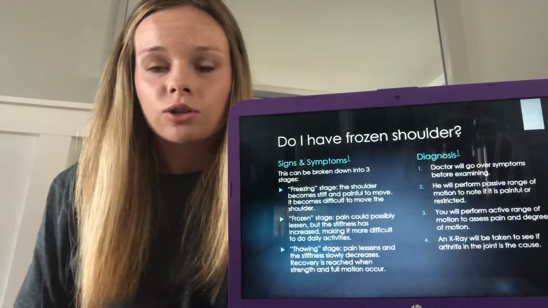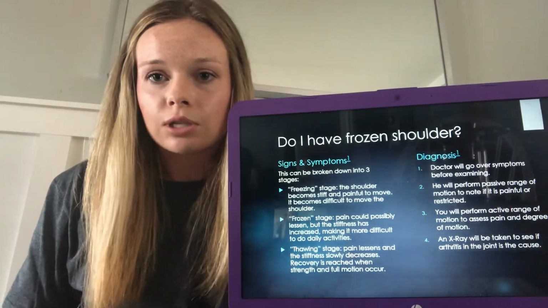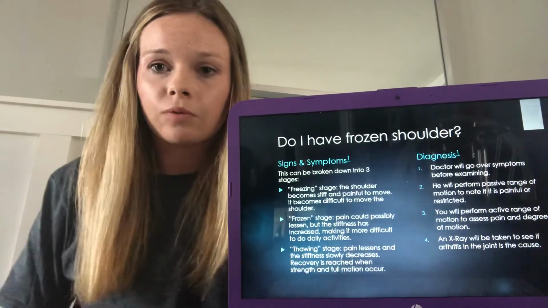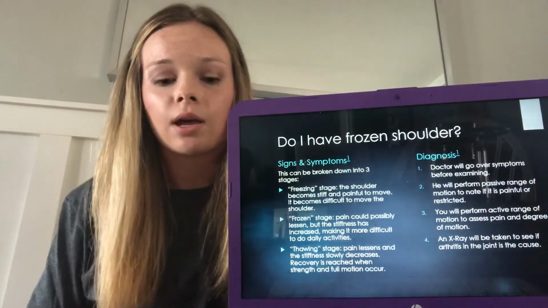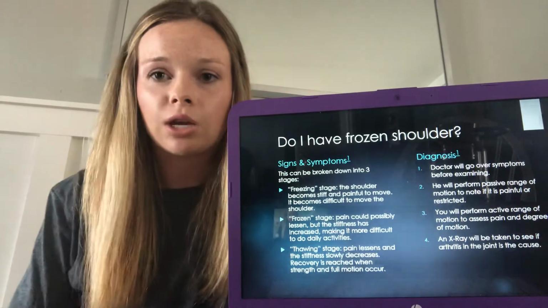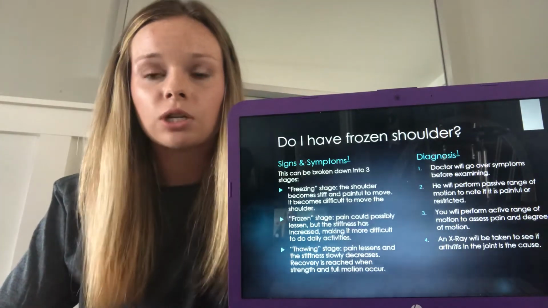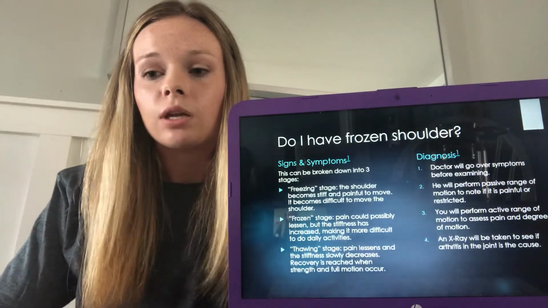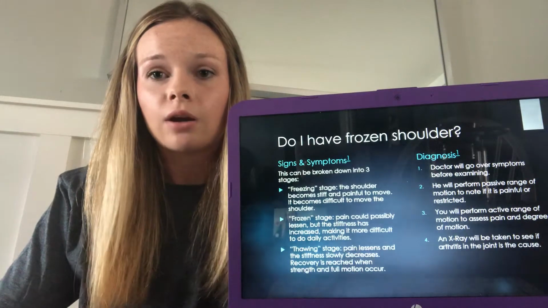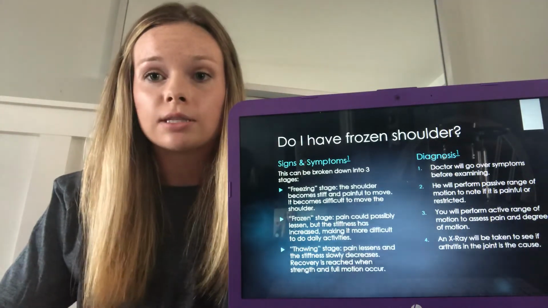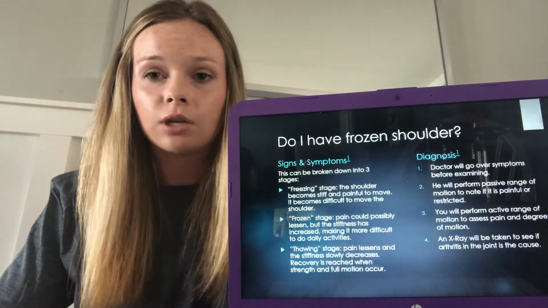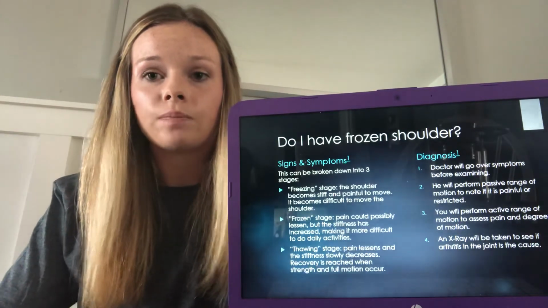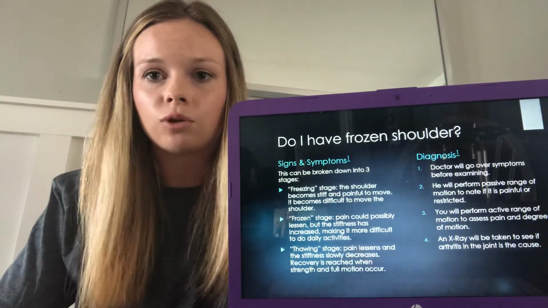On to the diagnosis. When you go to the doctor, first he will go over your symptoms, and then he will perform 2 tests on you. The first one being he will take your shoulder through passive range of motion. And this is where he will look and see how painful it is and how limited you are in the motion.